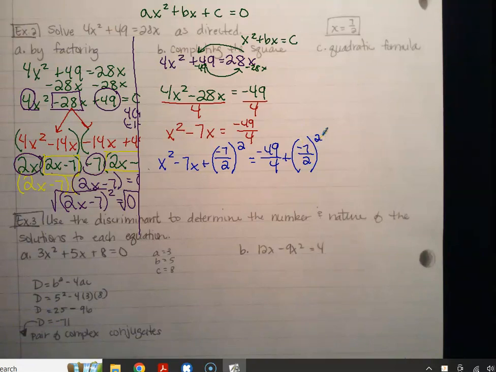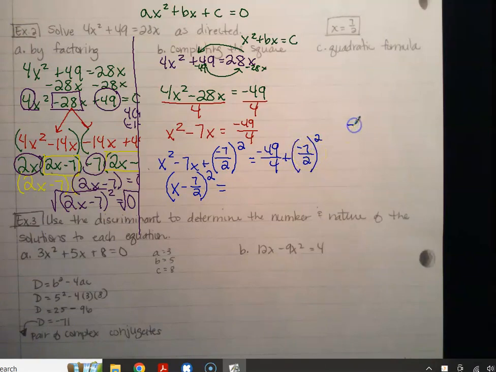So lots of steps to remember here. If you remember too, I'm going to save myself some time and go ahead and square this, because I'm just going to turn around and do x minus 7 halves, and square that quantity, because that would have been it. And then equals negative 49 fourths plus negative 7 halves squared.